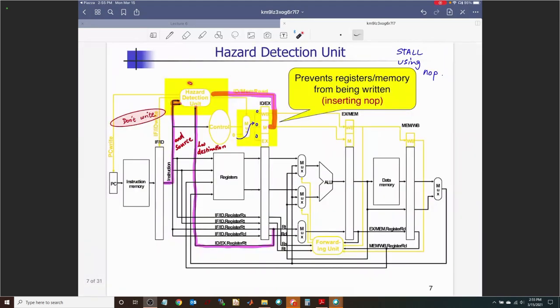The hazard unit will either make the next instruction a no operation, or if no load use hazard is detected, things will go as is, right? So PC would be updated and it would decode and so on. So the hazard unit is responsible to either make the next operation a NOP or continue as usual. So it is making the next operation a NOP if it detects the hazard.